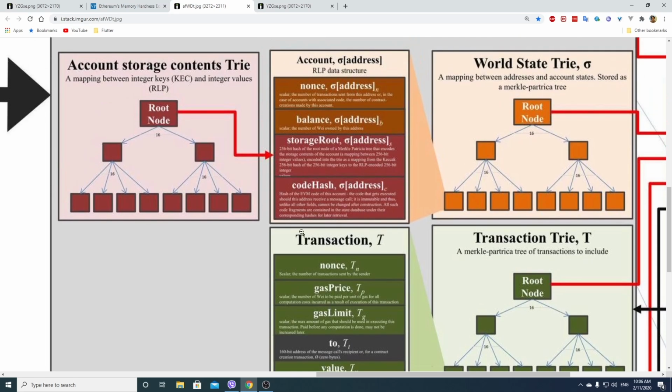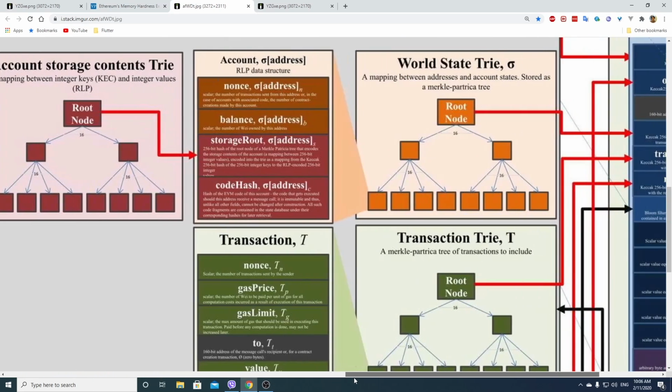It can't change. Once you create the code, you cannot change the code. And all this stuff together represents the data that is associated with an account. And that data itself is a value that is also put into a Patricia tree, which is now called the world state tree. And that's the famous sigma that transactions can change.